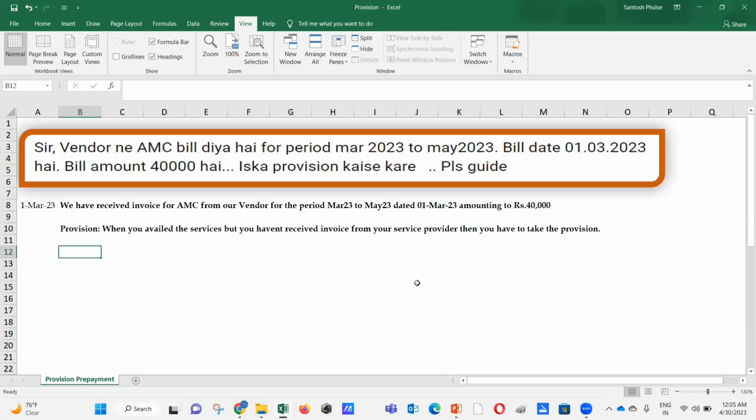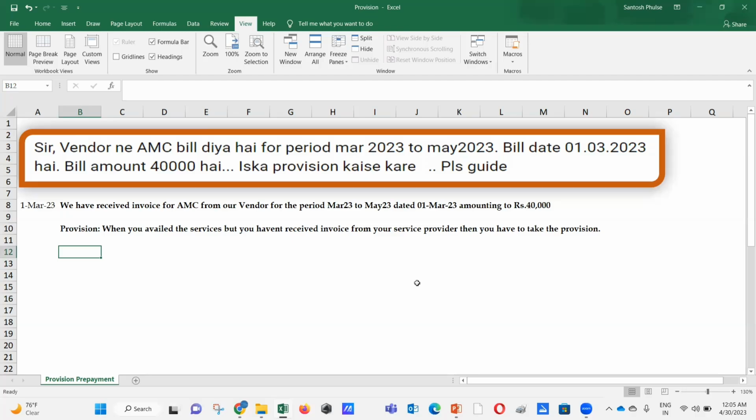So there is no need to take the provision. Provision comes into the picture when you avail the services but haven't received or booked the invoice. Then you have to take the provision based on the accrual concept of accounting. But here you have received the invoice for your AMC, so the provision is not going to come into the picture for March 23. That's the first.